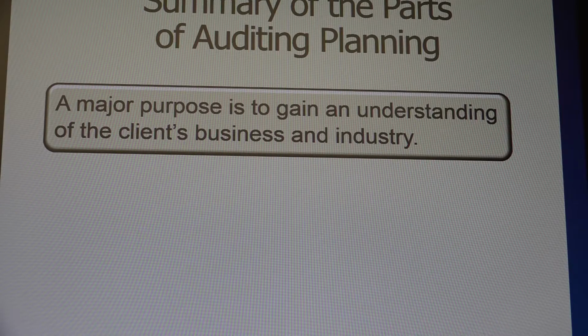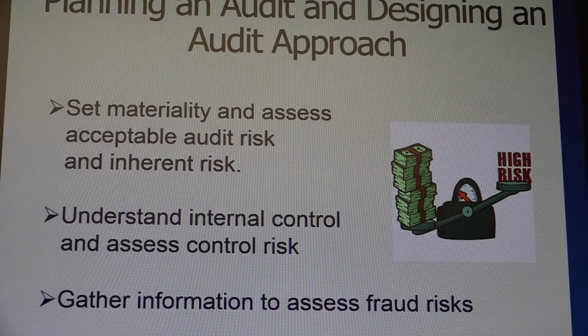So here we just have a summary of the parts of the audit planning. And again, the major purpose is to gain an understanding of the client's business. When you're planning the audit and designing an audit approach, you're setting materiality and assessing acceptable audit risk and inherent risk.